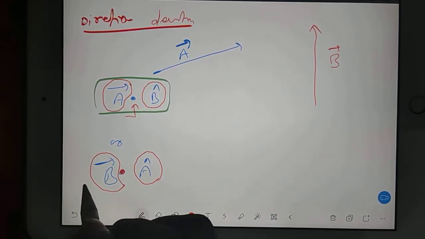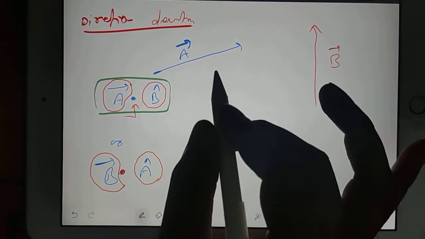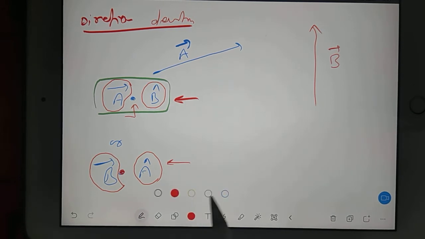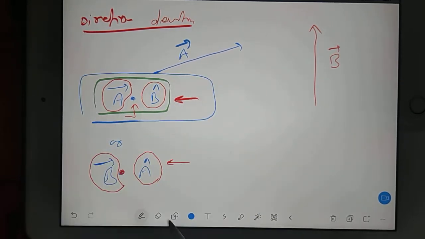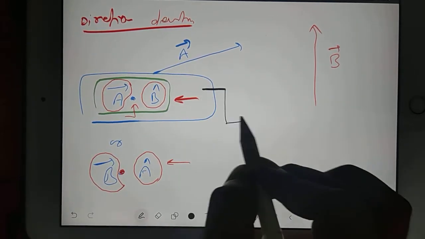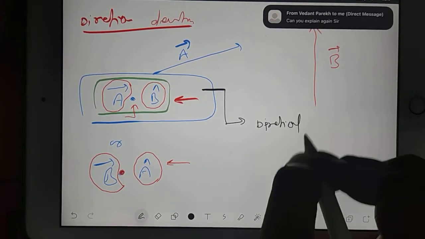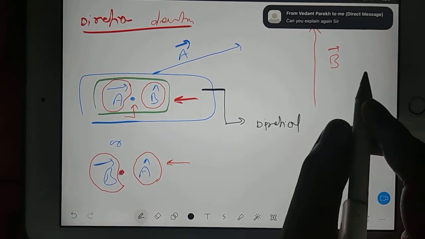Unit vector of A is also a vector, unit vector of B is also a vector, so we can do dot product, no problem. So this property is known as directional derivative. I will explain, Vedant.